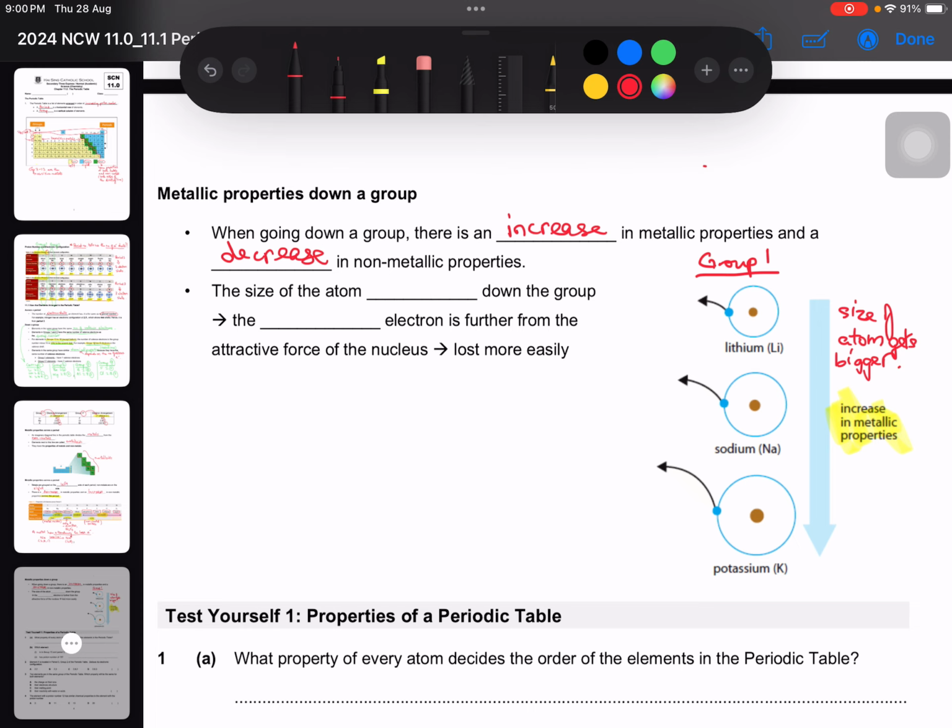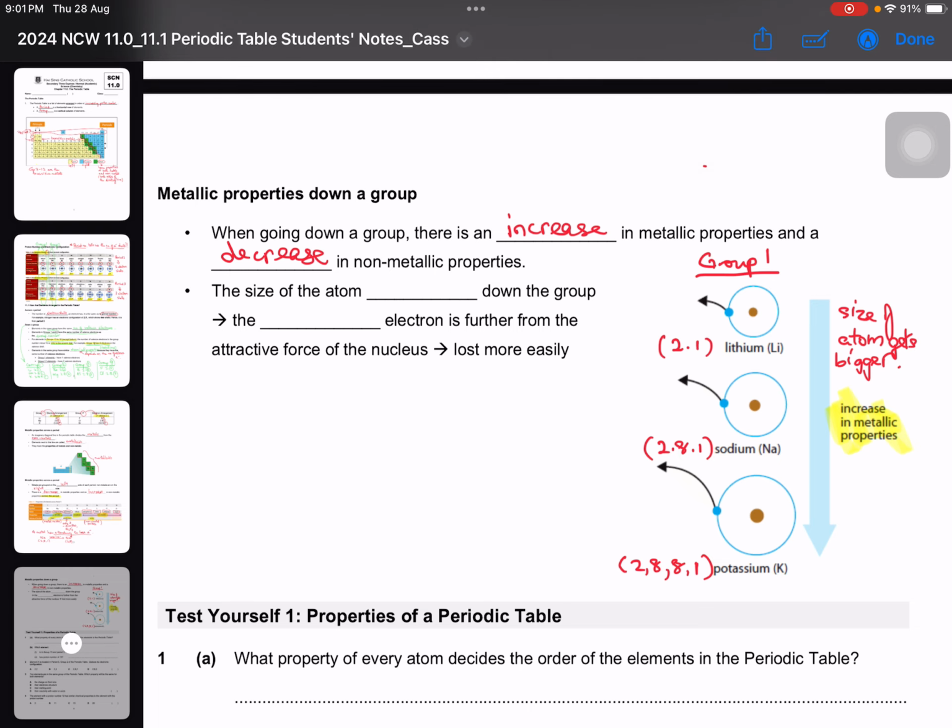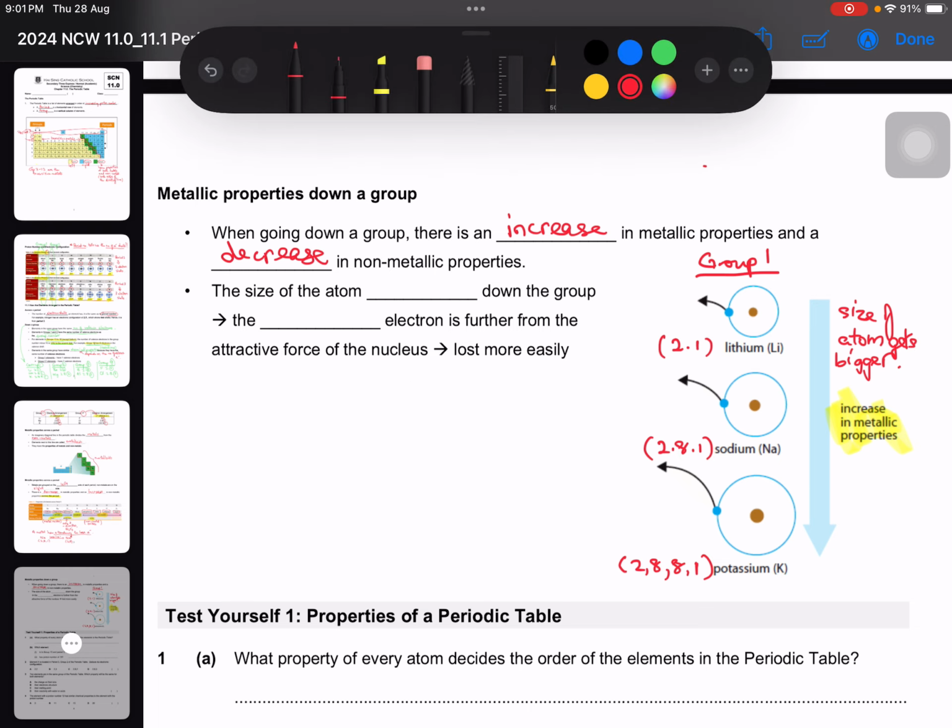Lithium has an electron structure of 2.1, 2 shells. Sodium is 2.8.1. Now got 3 shells. So of course it will be a bigger atom. How about potassium? It's 2.8.8.1, 4 shells. So even bigger. So as we go down the group, the atoms get bigger because there are more and more electron shells.